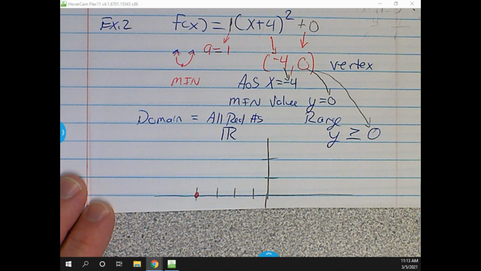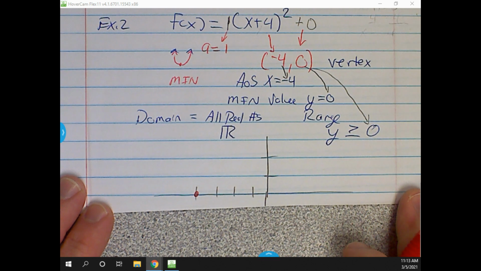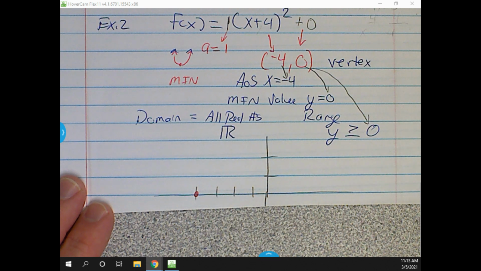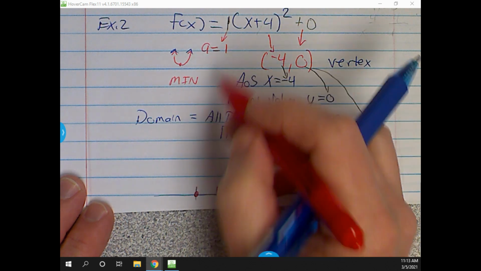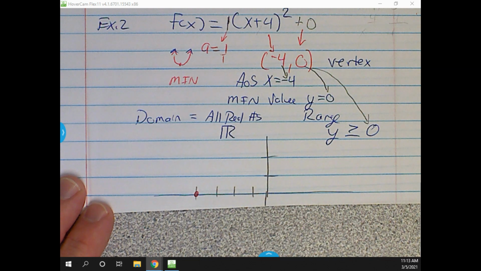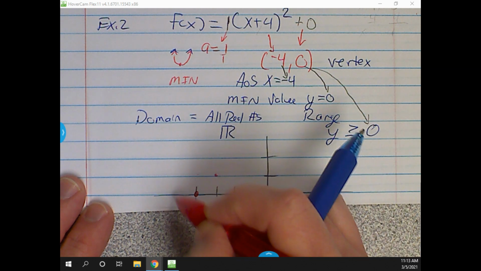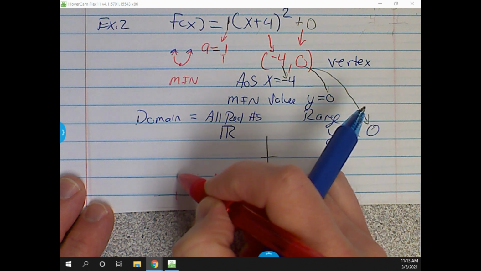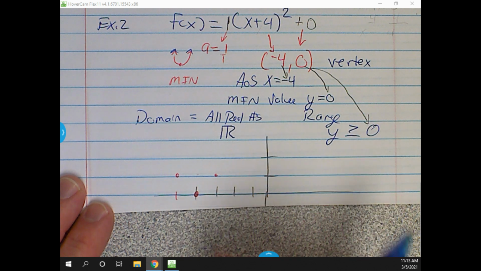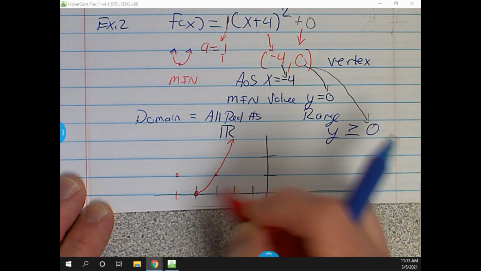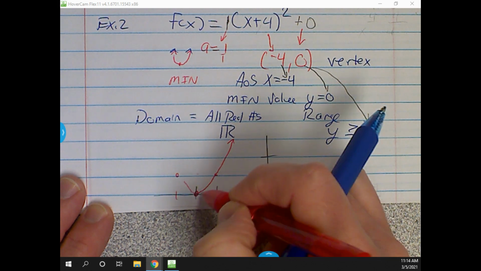All right, and again, the a value is 1. And again, this is where we can cheat a little bit. As long as this is a whole number, we'll put this over 1. To get to the next number on the graph, we're going to go up 1 and over 1 to the right side. Then we're going to go up 1 and over 1 to the left side. And then as soon as you do that in MyMathLab, it's going to go back in and graph this thing for you. So you can see the graph run off like this.